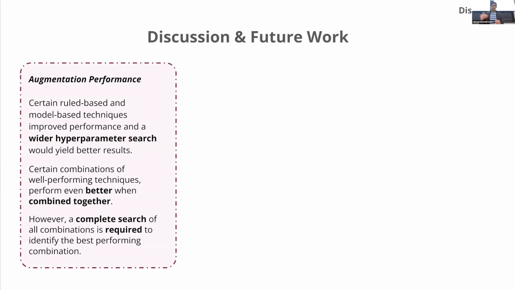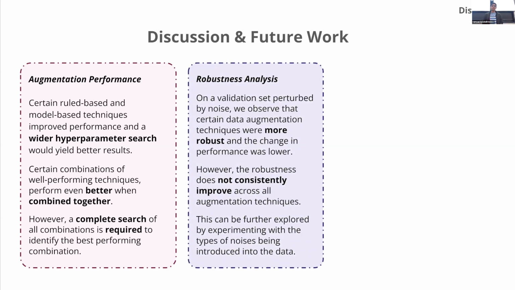Applying these same augmentation techniques with the same effectiveness on other data sets might need significant hyperparameter search again. Then coming to the robustness analysis, we do see that training models with data augmentation, in some cases, even if it does not lead to a significant improvement in quantitative performance, does make the model more robust.